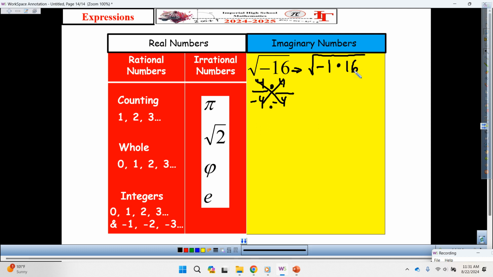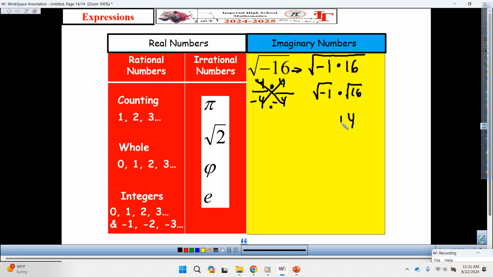Do you agree with that so far? Yeah? So now that I got 2 factors inside, I'm going to split this big square root into 2. Square root of negative 1 times square root of 16. Now check this out. What is square root of 16? 4, is that correct?